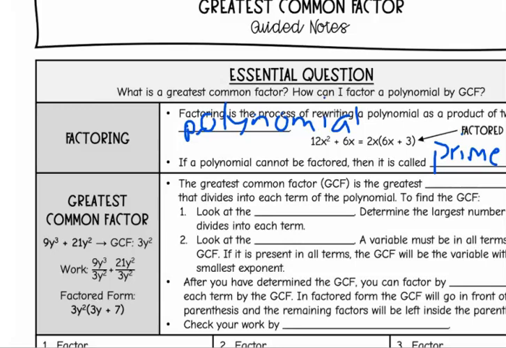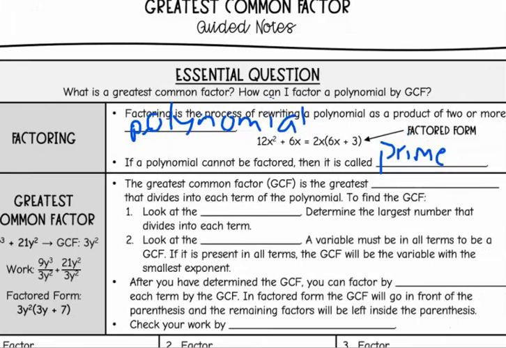All right, so we're looking at the greatest common factor. We've been doing this for a day now. But you're going to try to get the greatest monomial. And number one, you're going to look at the coefficients, right? So this is a number.